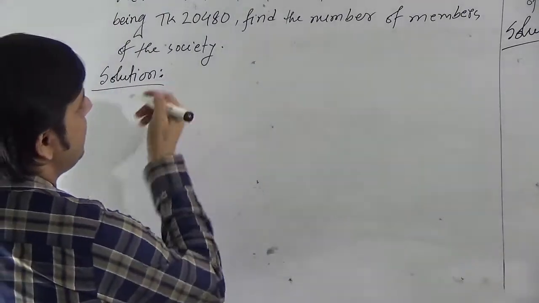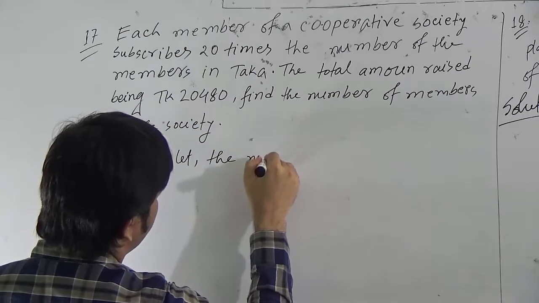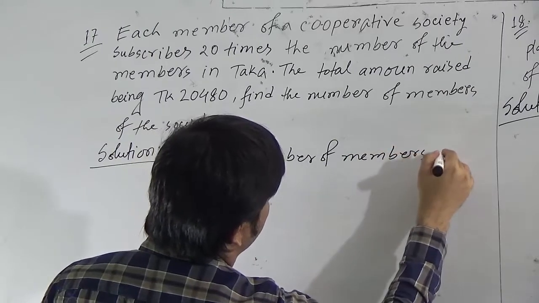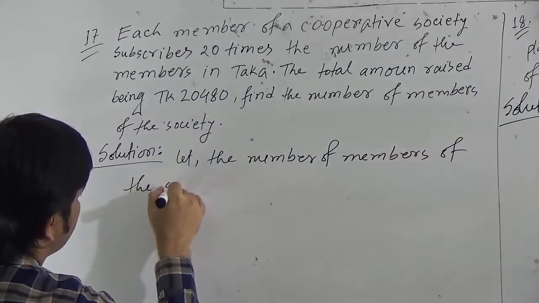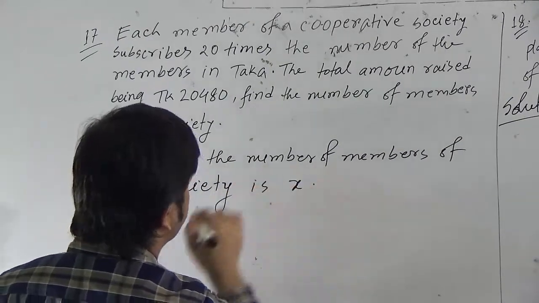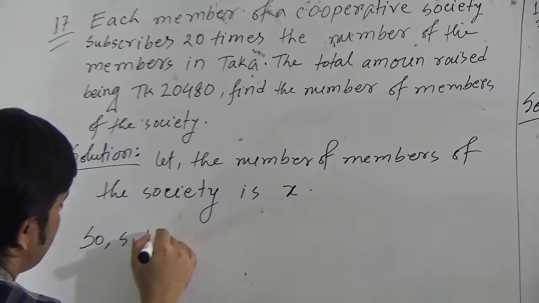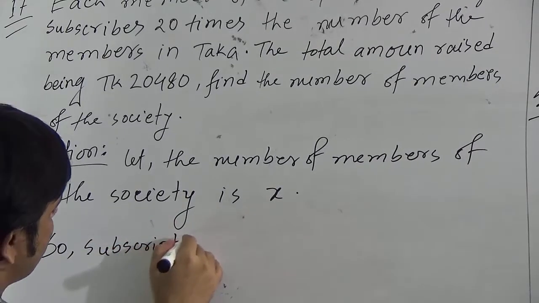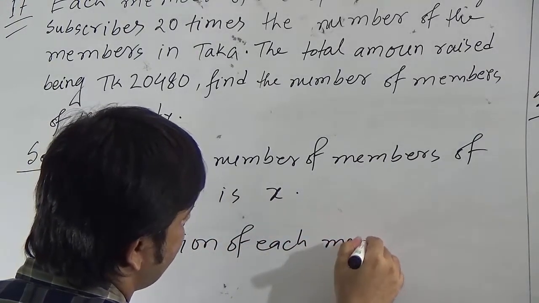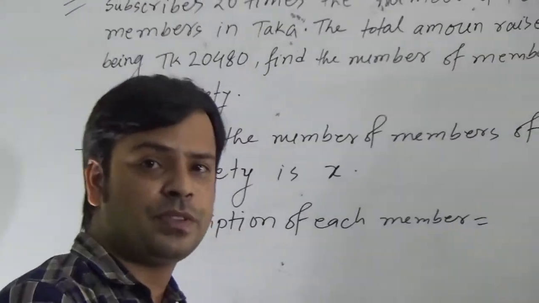Students, let the number of members of the society be X. So, the subscription of each member will be 20 times the number of members.